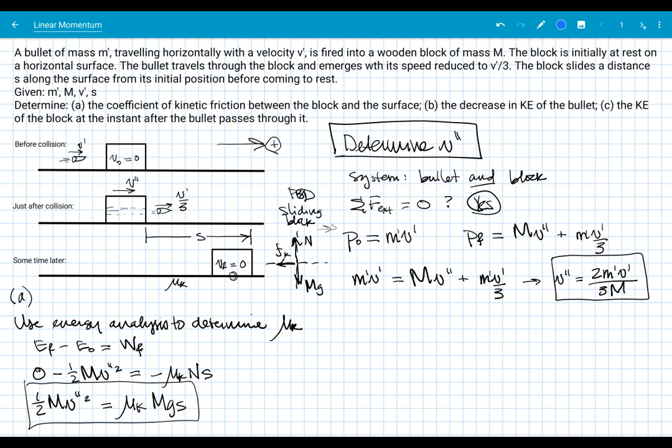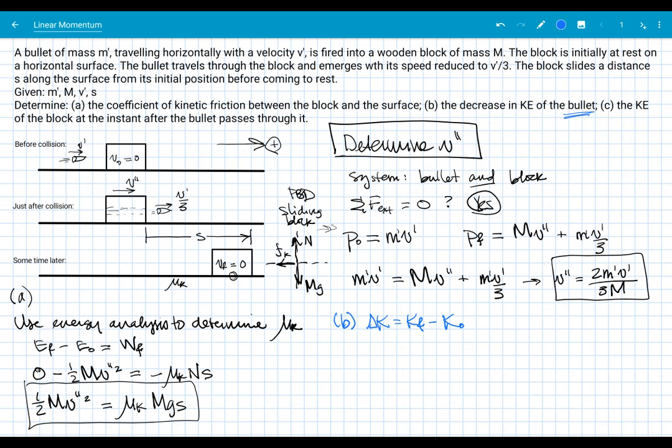So let's look at part B. And we want to look at the change in kinetic energy for the bullet. So that's going to be kinetic energy final minus kinetic energy initial, right? So my final kinetic energy for the bullet, remember, we're not talking about the block here.